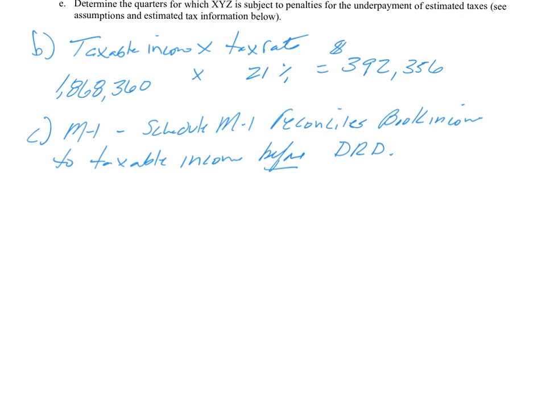And so we're just going to go through and I'm just going to write out the Schedule M1. And I'll explain where I get each entry. All right, so net income per books.